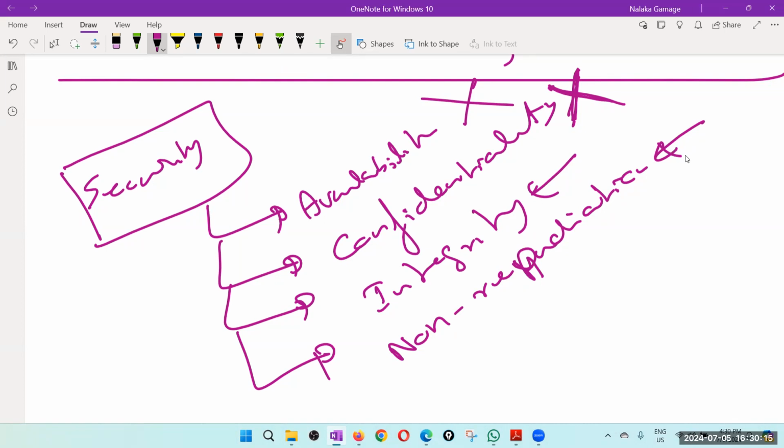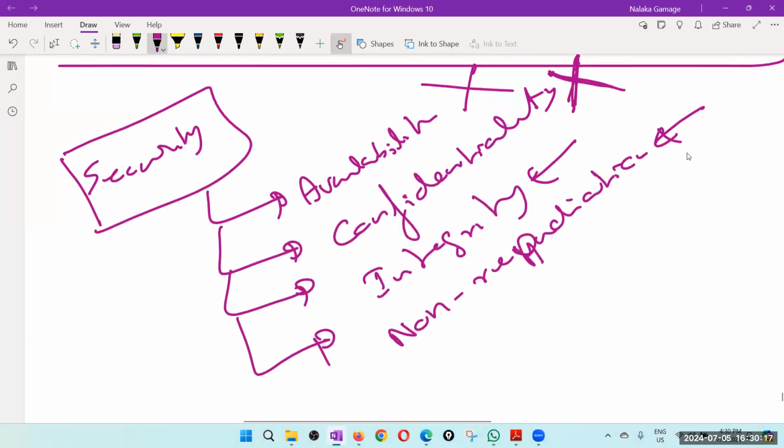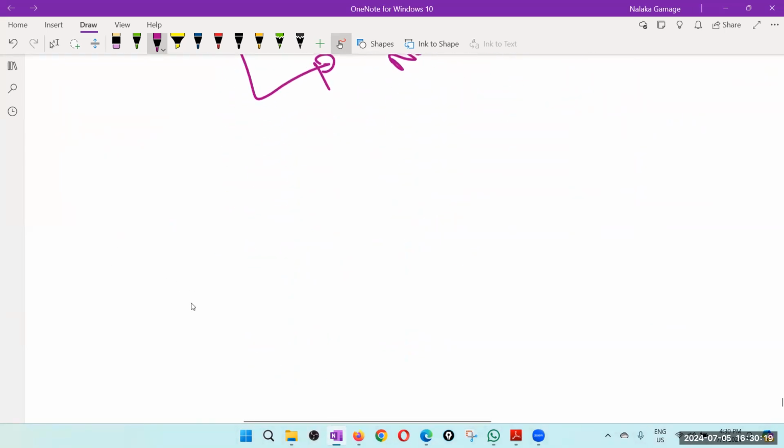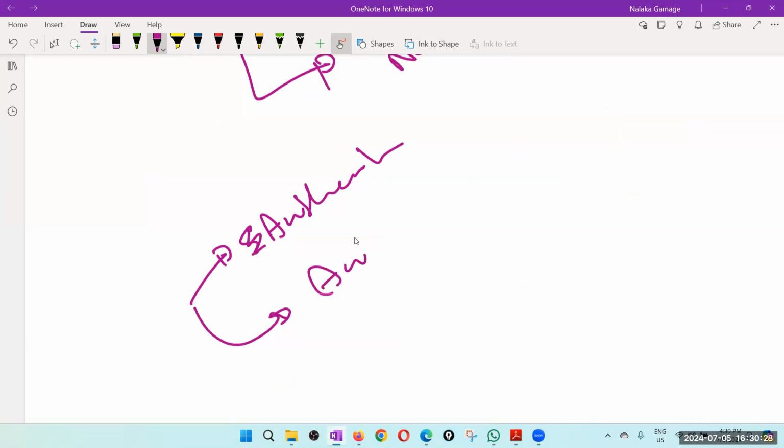Then how do you enforce security? Basic approaches are authentication, authorization. Then having some digest or hash or checksum, that is for integrity.